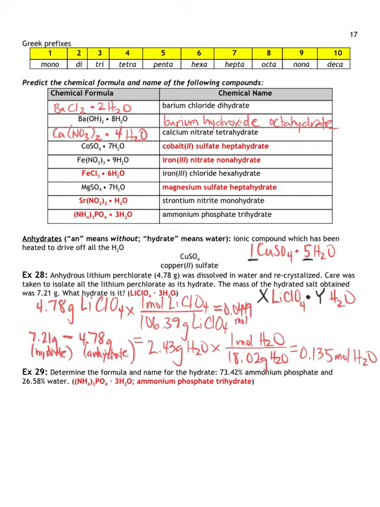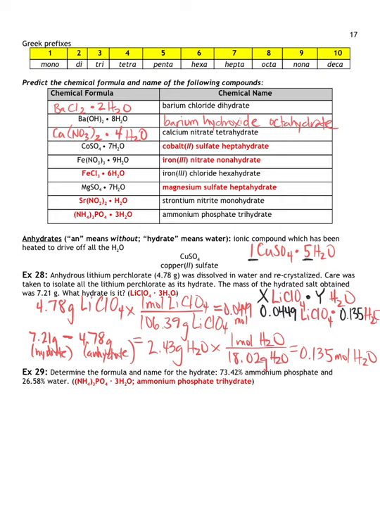So I'm going to substitute all these values in, and I'll do it in black so you can contrast it. 0.0449, and then the other number is 0.135. This is lithium perchlorate, and this is water.